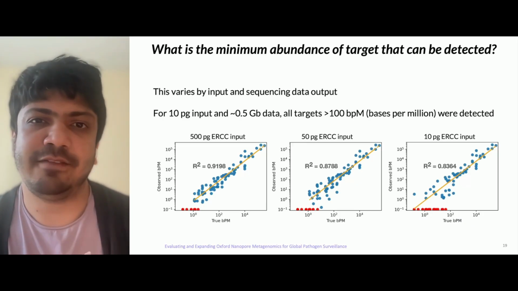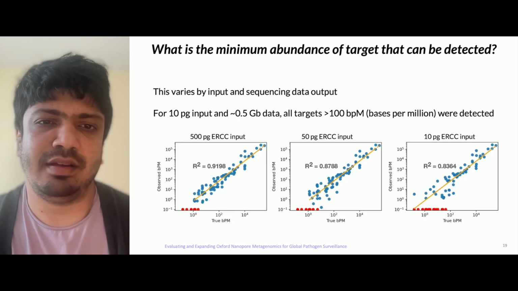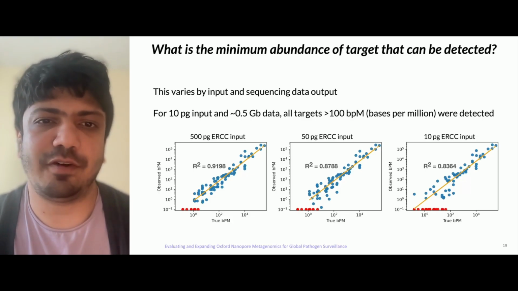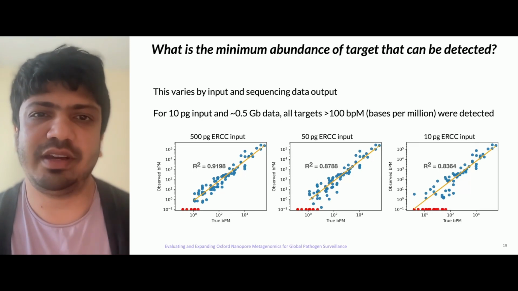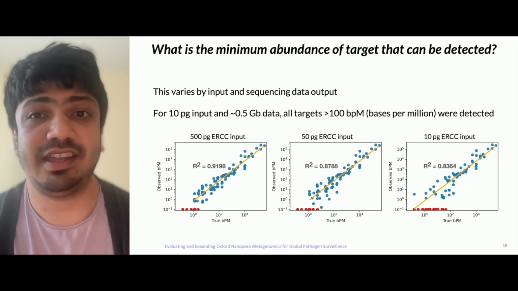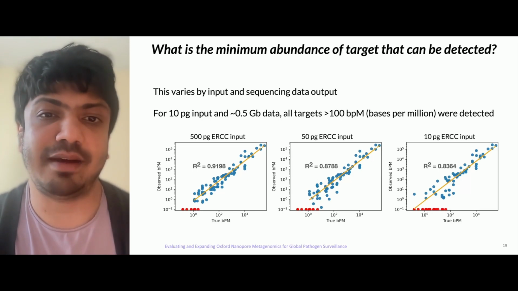This is not to give a hard value or threshold for the minimum abundance that can be detected, but it is hopefully a way to guide how you might think about estimating this for your own application.